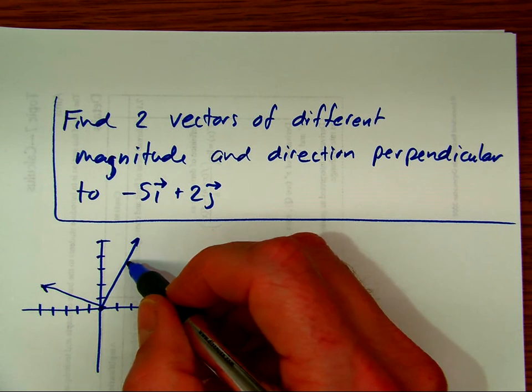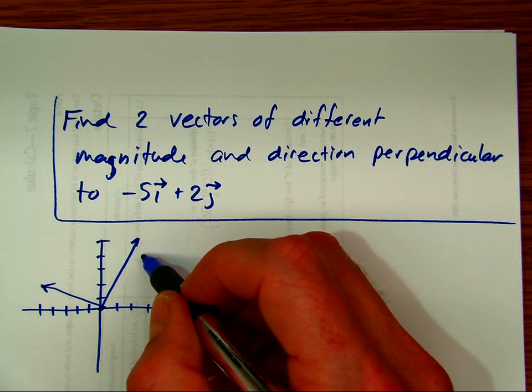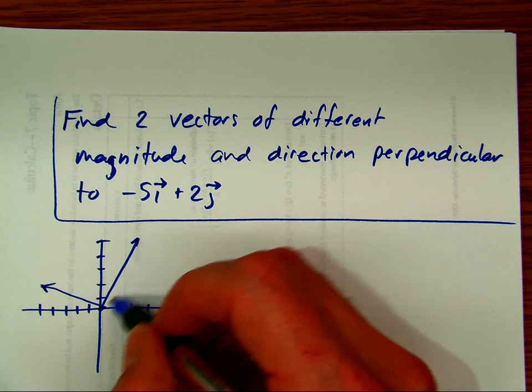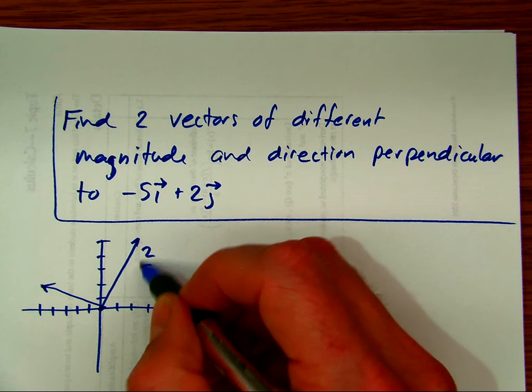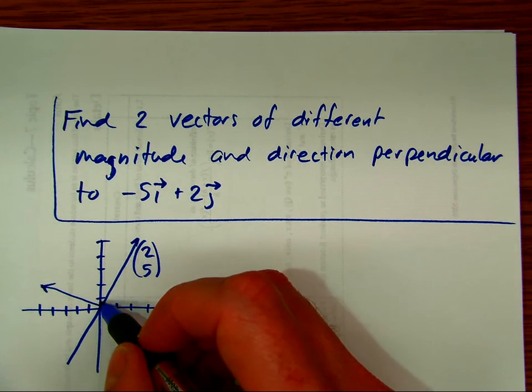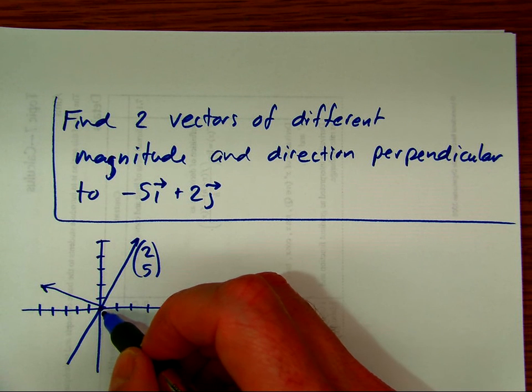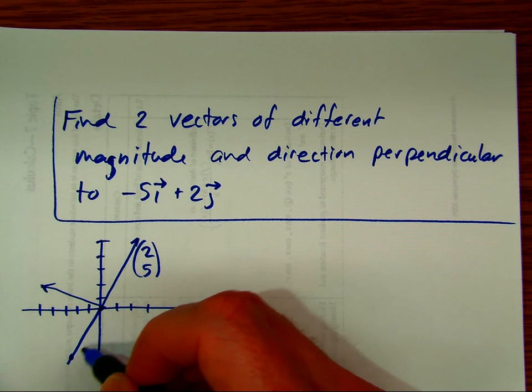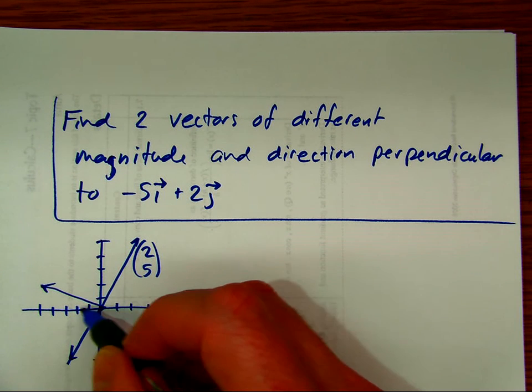So this vector is 2, 5. We could also find a vector down here, perpendicular, and that's going to have to be 2, negative 5.